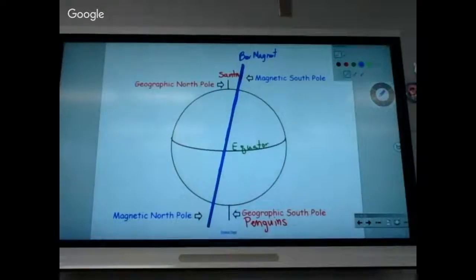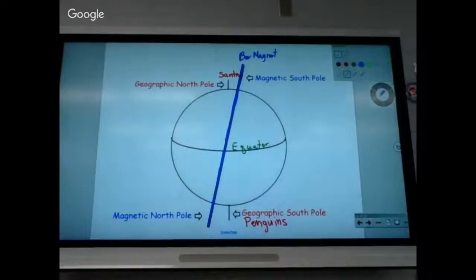All right, so the Earth has a bar magnet that runs through it, however. Now, this bar magnet also has poles, just like any other bar magnet. So, I have labeled those poles.